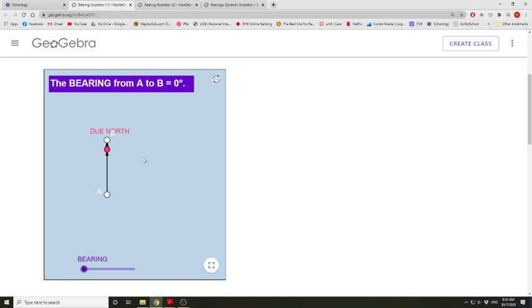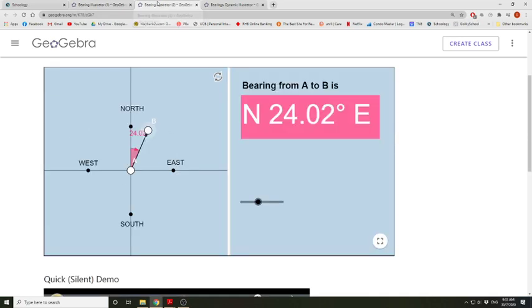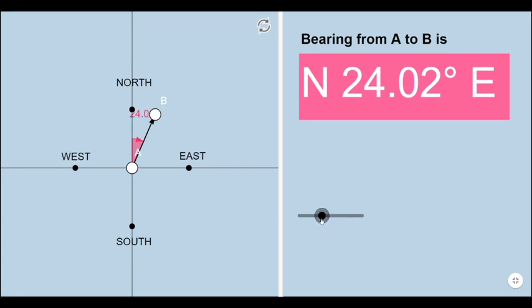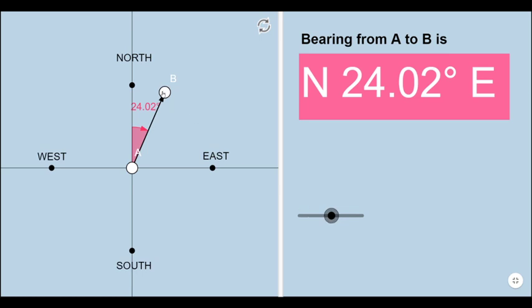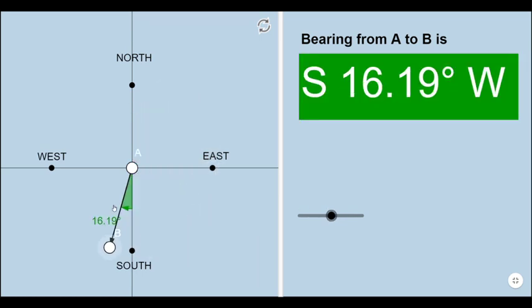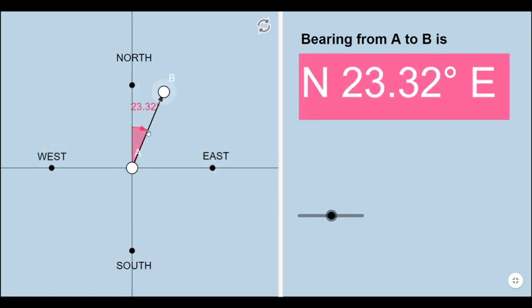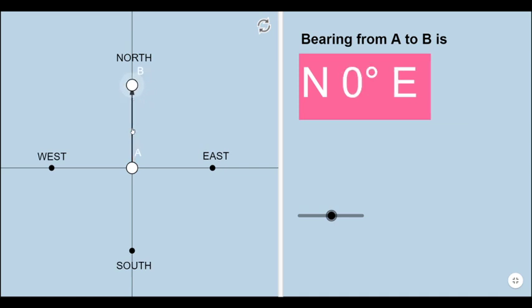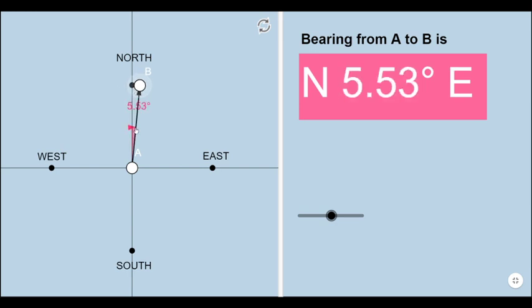So this is the general understanding of bearing, but there's a different way of stating bearing also, which usually includes north, south, east, west. As I turn it, you see at bearing 0 it is north 0, no east or west.